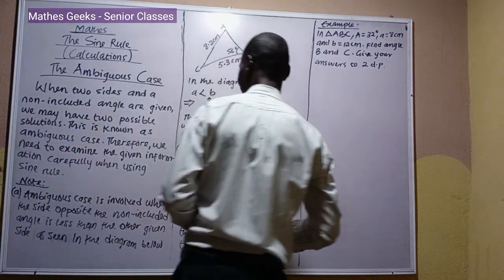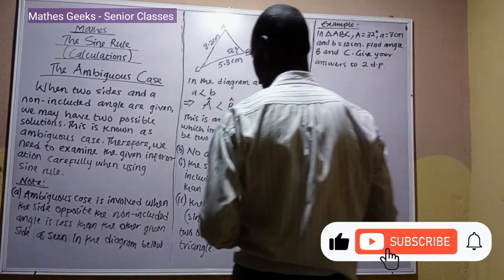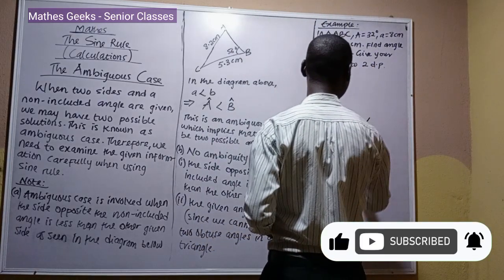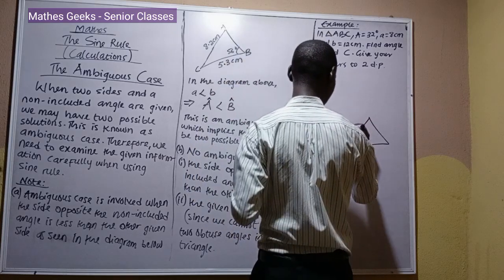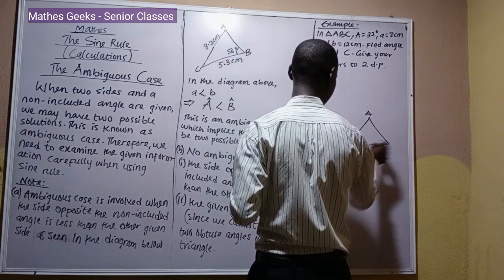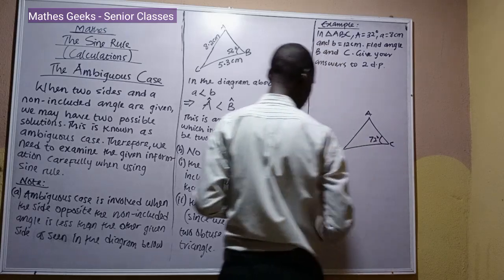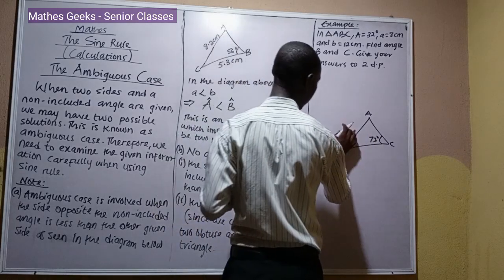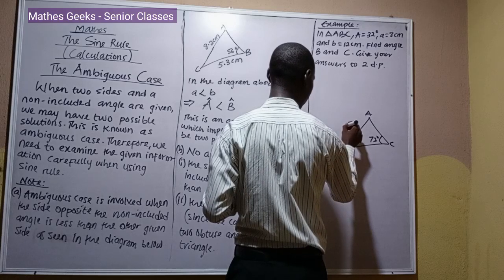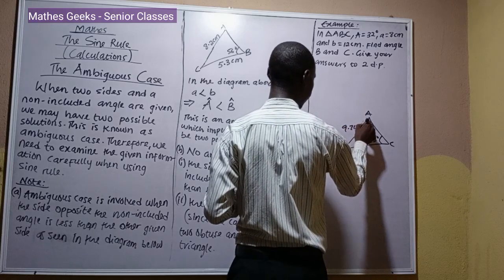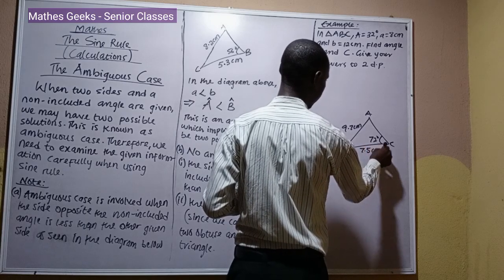Okay, this also raises another concern when using the sine rule. Say we are given a triangle ABC with an angle of 72 degrees, and two sides where one side is opposite the given angle: 9.7 centimeters, and the other is 7.5 centimeters.